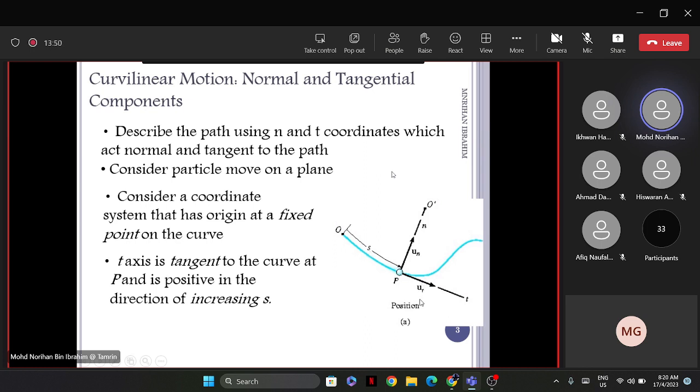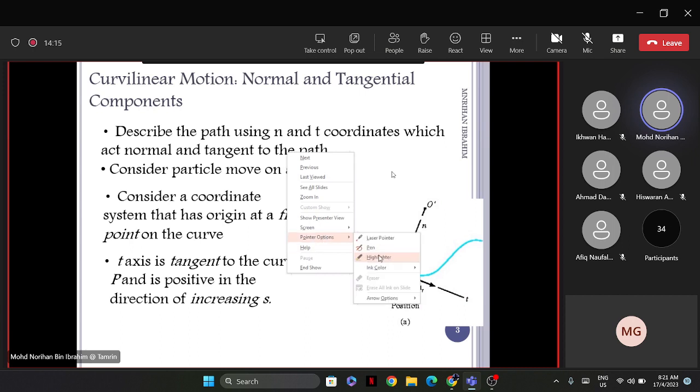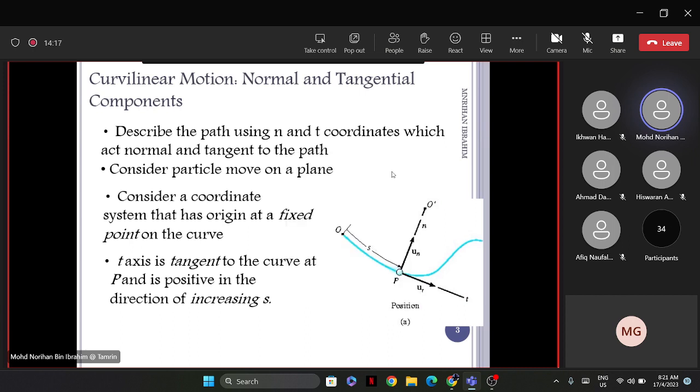So we have this UT, and also UN. UT and UN represent the unit vectors of the tangent axis, or T axis. The T axis is tangent to the curve at P. So if you look at this illustration, at P this UT represents the unit vector.